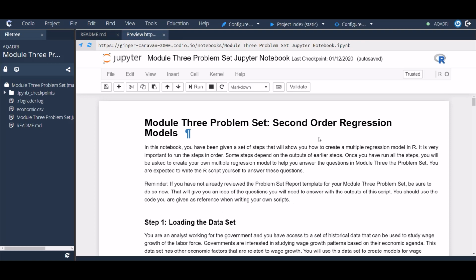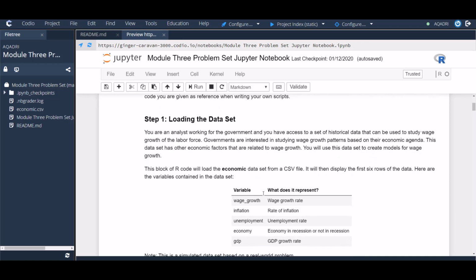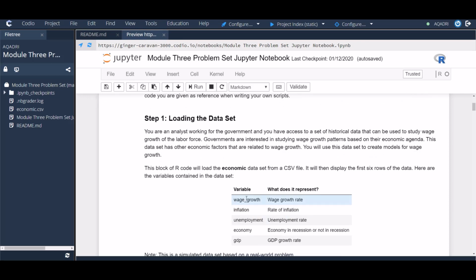In this problem set, step one is where you load the data set, and you will notice that this is a new data set this week. The idea here is that we want to introduce you to new data sets so that you can appreciate how predictive modeling can be applied to so many different industries.